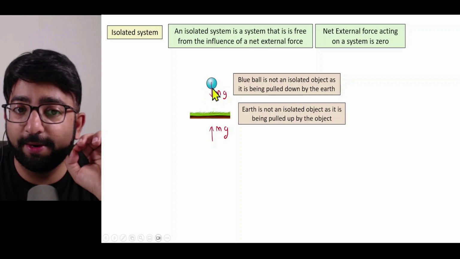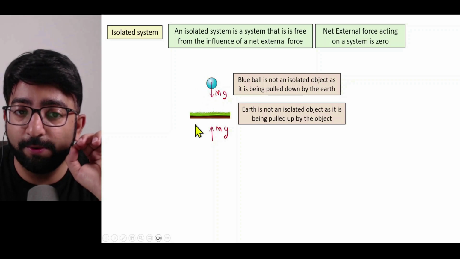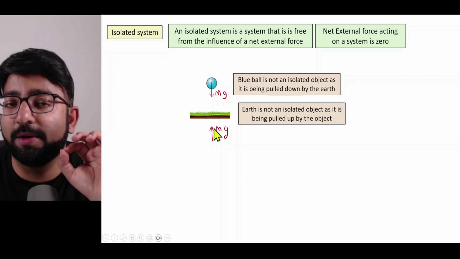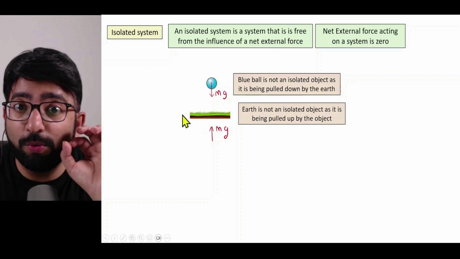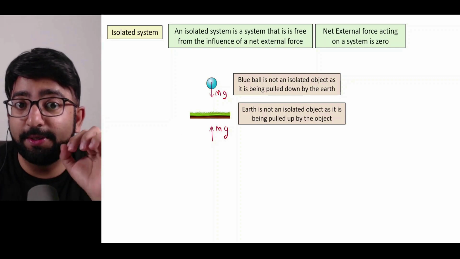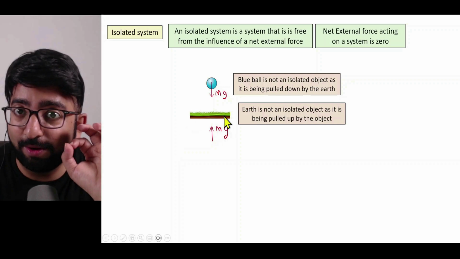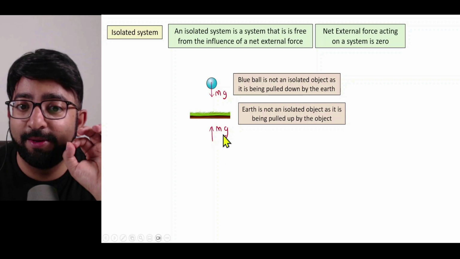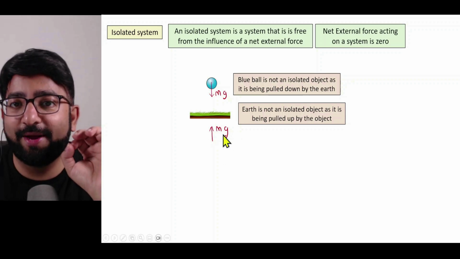Here, one force is acting on the object, which is the ball, and the second force, which completes the pair, is acting on the ground or the earth. Now, if I consider only the ground, then we are not considering it as an isolated system because the net external force acting on the earth is not 0. It is equal to mg. That is why even earth is not isolated.